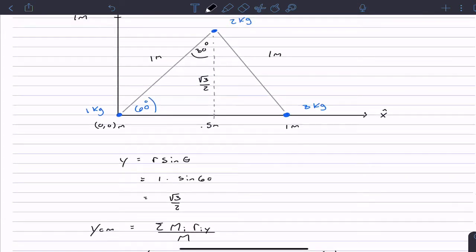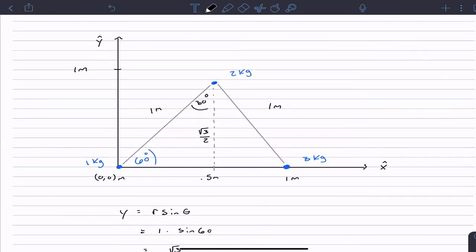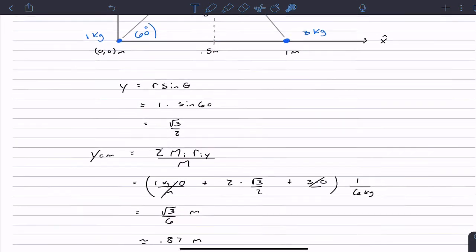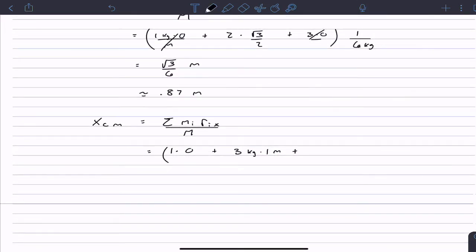The next one is going to be 2 kilograms times a half meter here, because this is halfway. Since it's equilateral, this is halfway between these two things. So it's 2 kilograms times 1/2 meter. This is all over 6 kilograms.